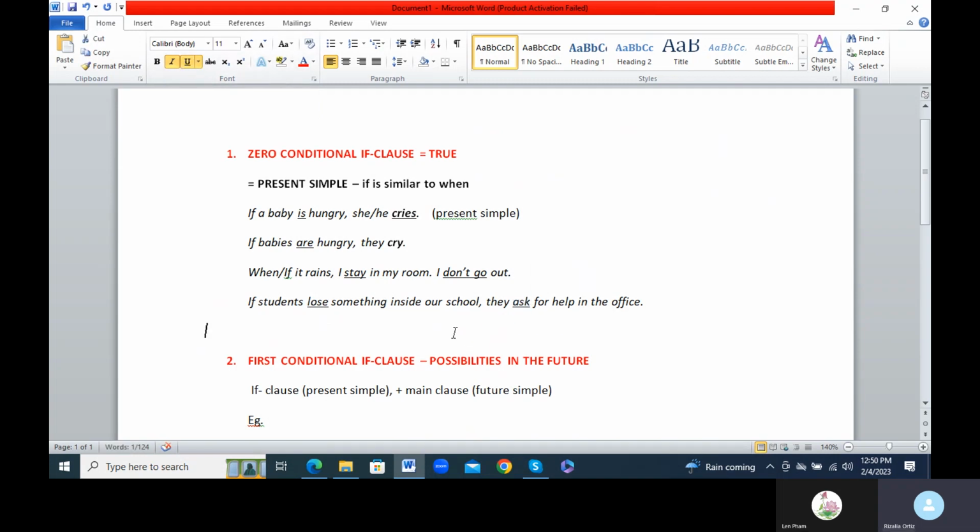So this means this is a rule maybe in your school that if you have a problem, if you lose something very important, you go to the office and ask for help because the office might be able to help you. All right? Okay. So that's for the zero conditional clause.